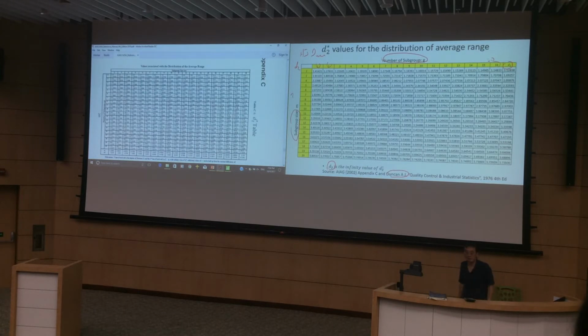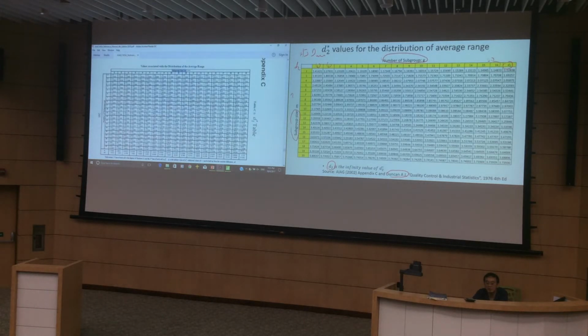So you go to the internet, you can search it. And this is the 2010, the fourth revision AIAG number. It's just the body only. This guy here is the subgroup size, it's m.